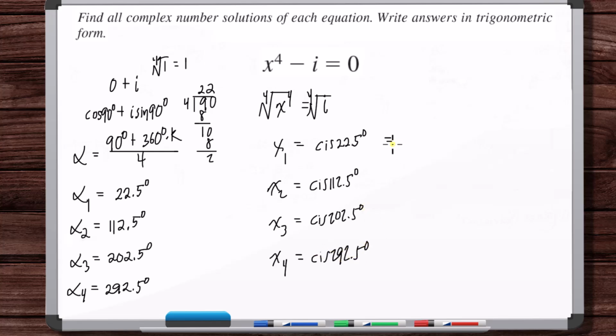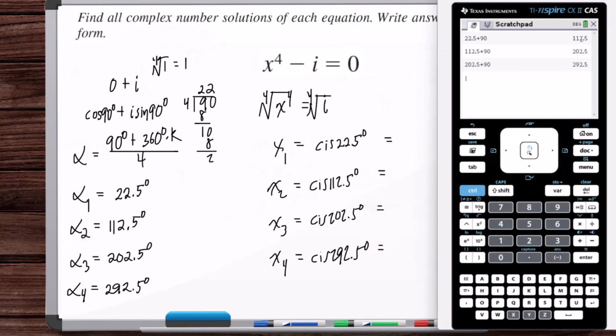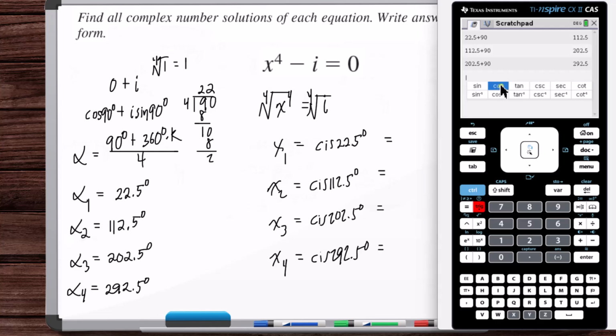Okay, now let's put these in rectangular form. Okay, so cosine of 22.5, sine of 22.5.